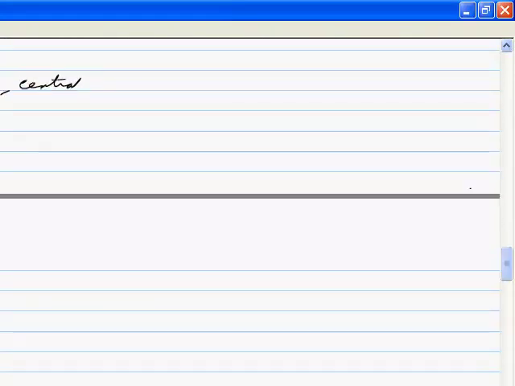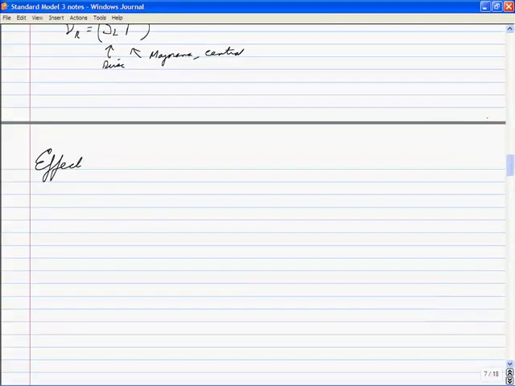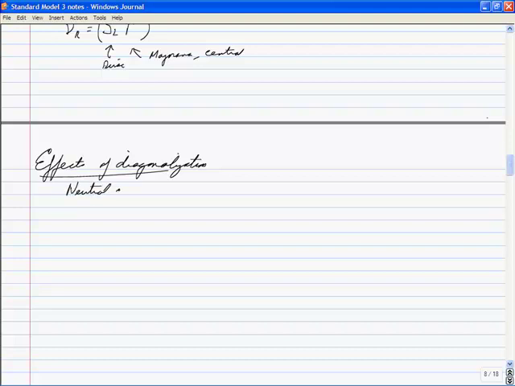All right, let's then do the effects of the diagonalization. In the charge currents, in the neutral currents, there's no effect. It's easy to see. Let's take the electromagnetic current.